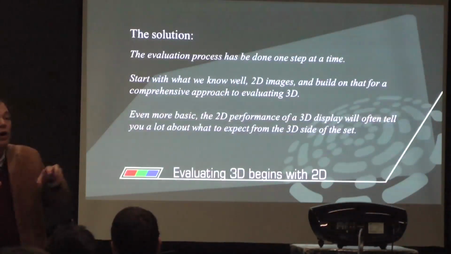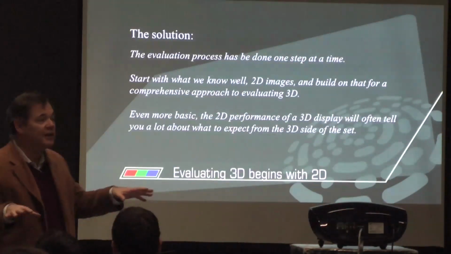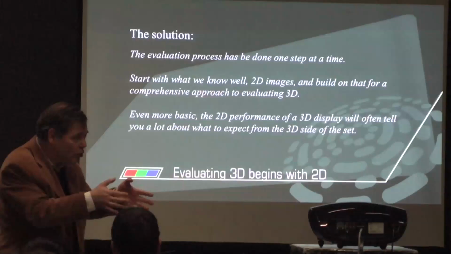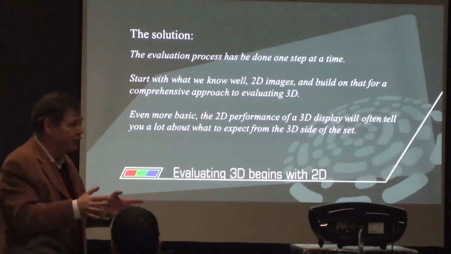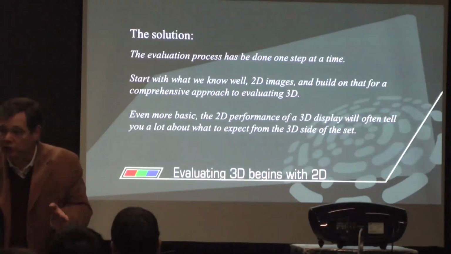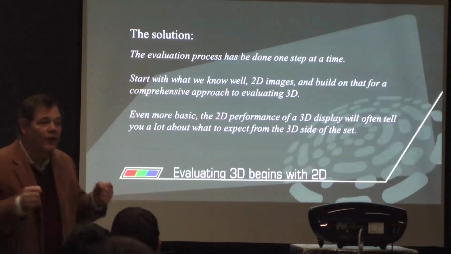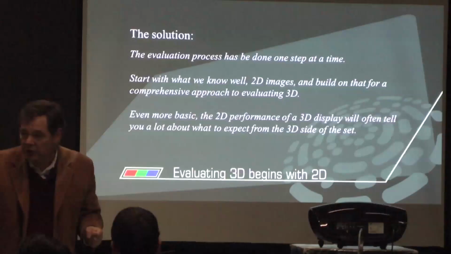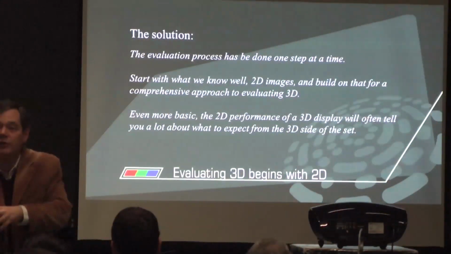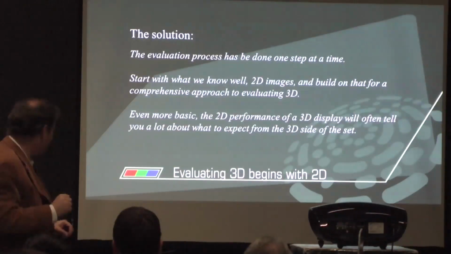So the first approach, and this may sound silly, but the first approach that is actually going to give you a clue to what's really going on versus what you think is going on is to analyze the display in 2D. Find out what the display can do with a single 2D image as opposed to two 2D images.